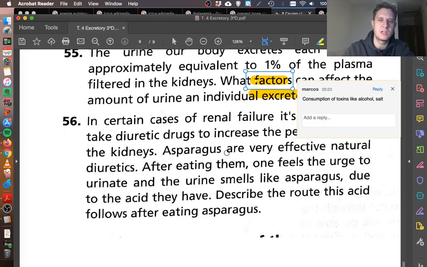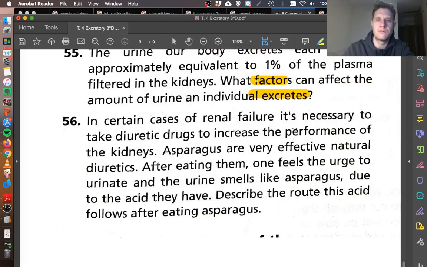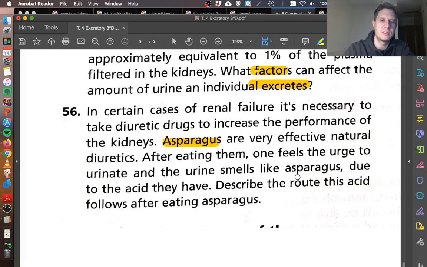In certain cancers and renal failure, it is necessary to take diuretic drugs to increase the performance of the kidneys. Asparagus are a very effective natural diuretic. After eating them, one feels the urge to urinate, and the urine smells like asparagus due to the acid they have.